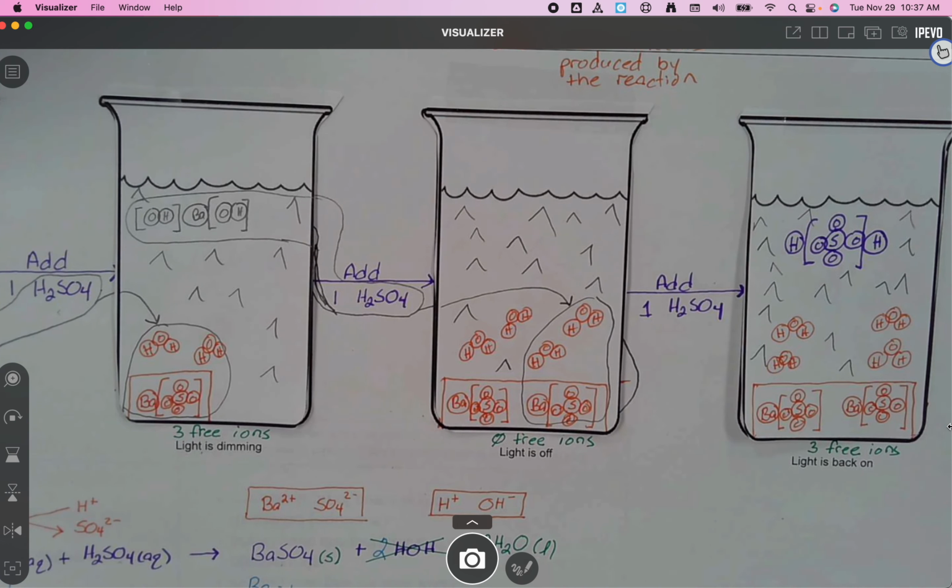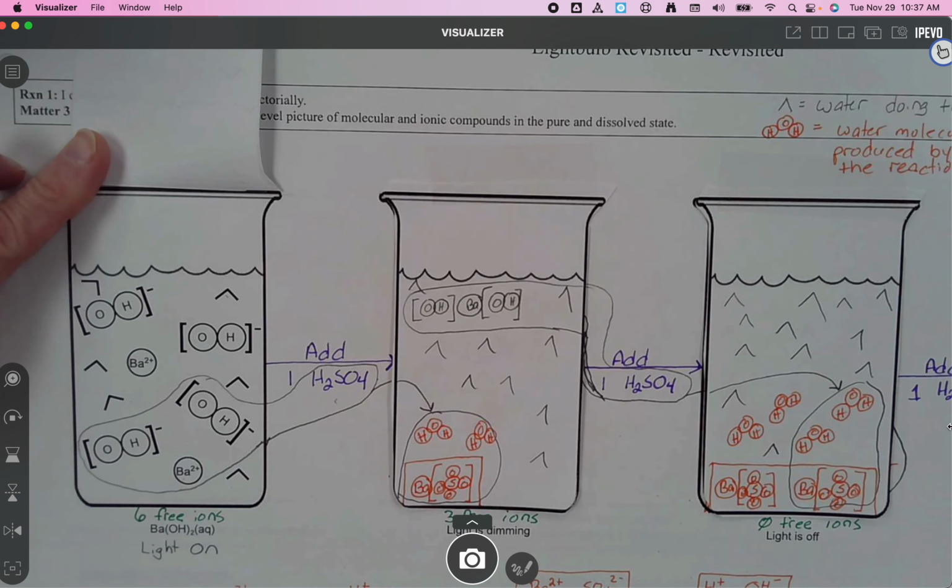What's the best version of the story? Probably some combination of the two. There are probably some of you who understood it very well at the bottom flap level, and others of you who thought, wow, I don't think I really understand that. But maybe now that you've seen a simpler version of it, you can say, that makes a little more sense. But then every step of the way, you can peek under the flap to rationalize 6 free ions.